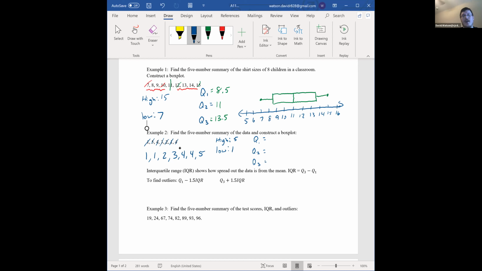All right, so again, start with Q2. If you keep crossing off ones, eventually you're gonna get to this 3. That's the middle, so that's gonna be our Q2, just 3.